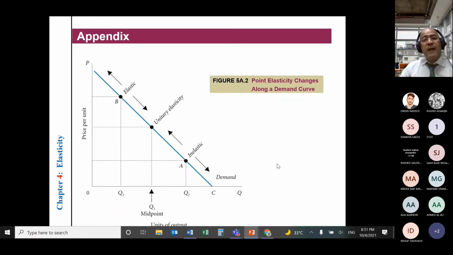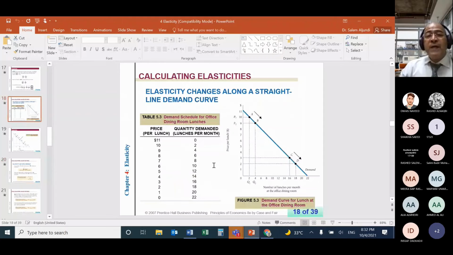What else? There is something called total revenue. What is the total revenue? The quantity demanded times its price. So take this demand curve, let's say for electricity.